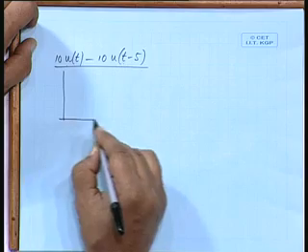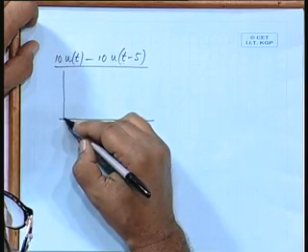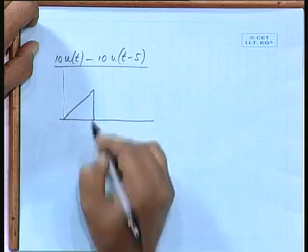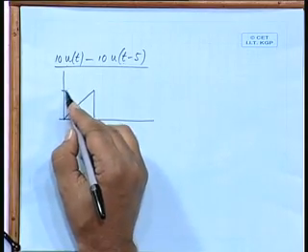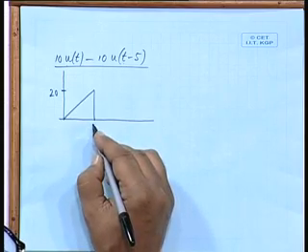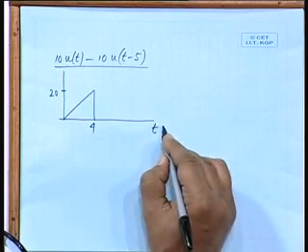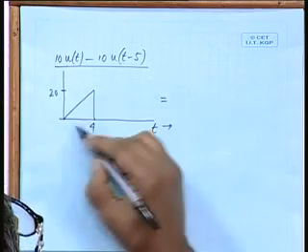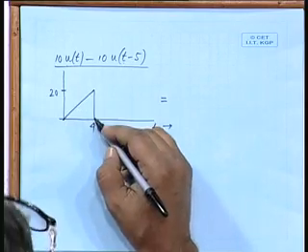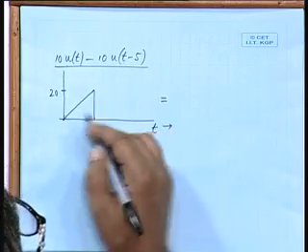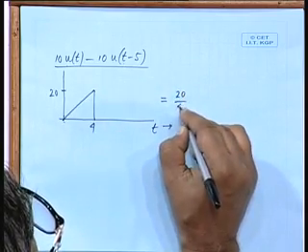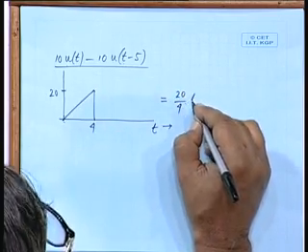Let us take a few more examples. What will be, suppose this is 20, this is 4 seconds. What will be the representation of this? Yes, 20 by 4, it is having a slope of 20 by 4 t.